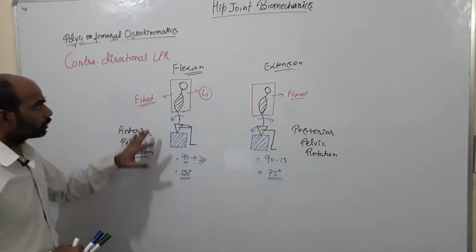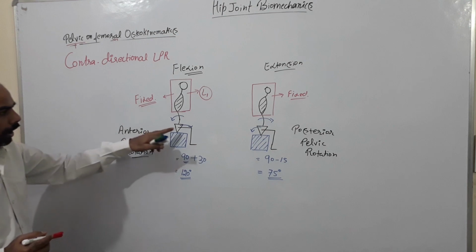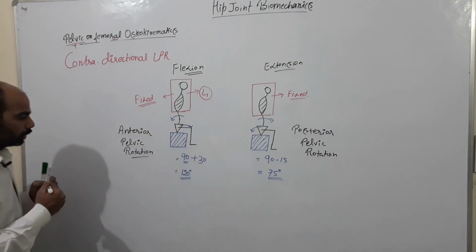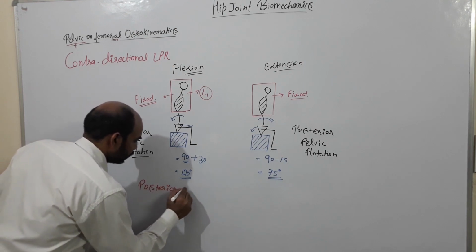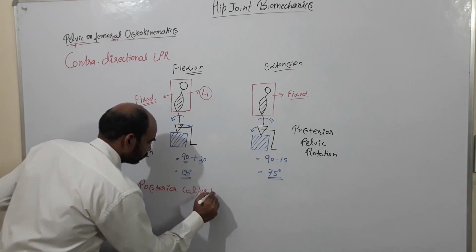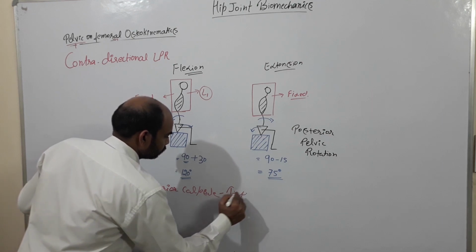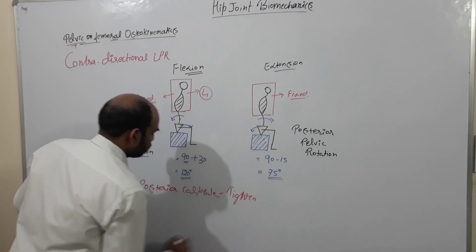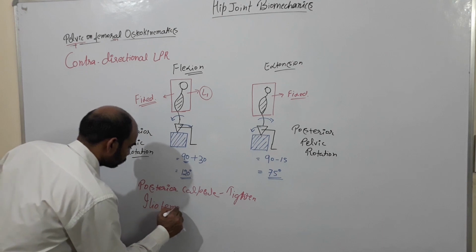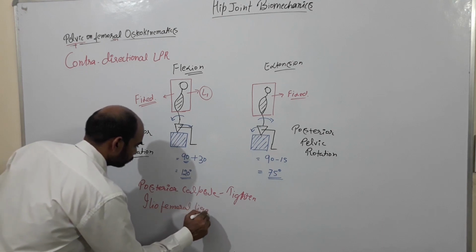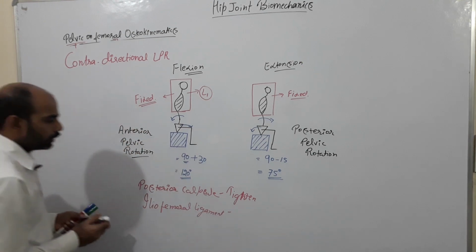In this position, during trunk flexion, because pelvis moves anteriorly, the posterior capsule is tightened and the iliofemoral ligament is relaxed.